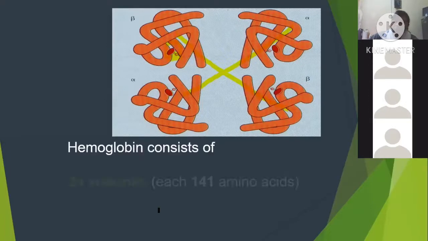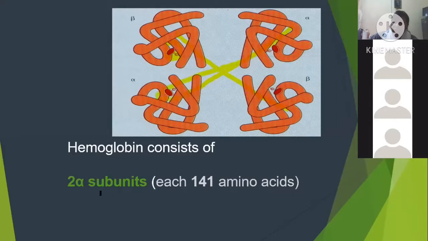Hemoglobin consists of two alpha chains, isn't it? And each of these two alpha chains has 141 amino acids. See, one polypeptide chain, this is alpha, has 141 amino acids. Similarly, this also has 141 amino acids.